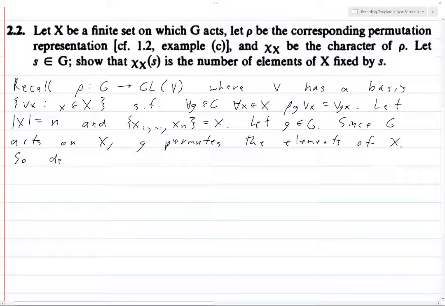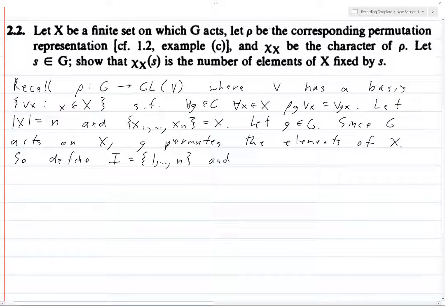So define I, and this I isn't really necessary, but it's just going to be the set of indices from 1 to n. This is just to prevent me from having to write 1 through n a bunch of times.